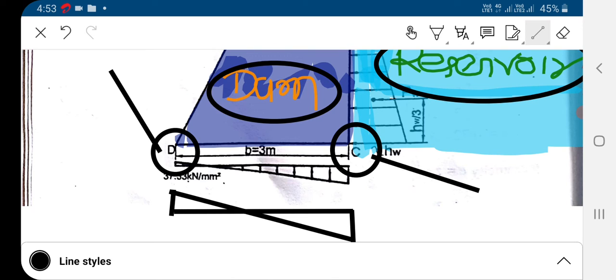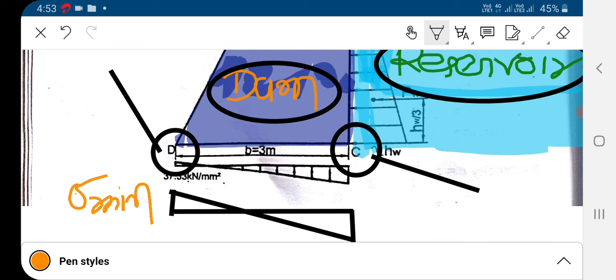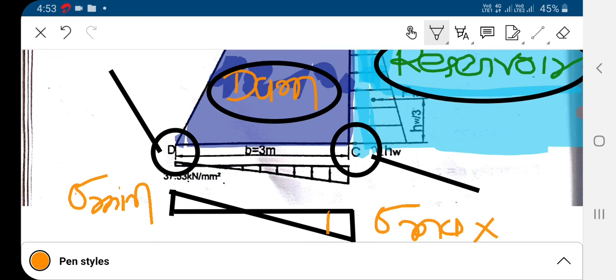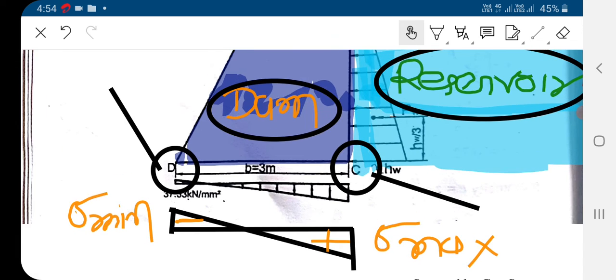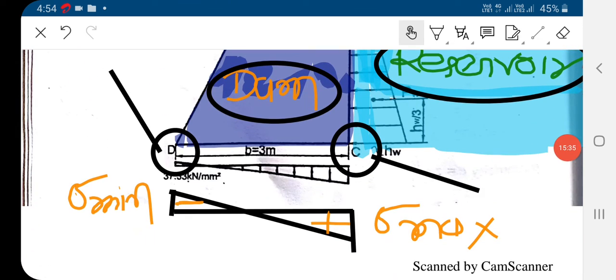Here the pressure will be the negative sigma minimum, and here the pressure will be the positive sigma maximum. So it is positive, it is negative. Likewise, we can plot the stress distribution diagram for the dam.